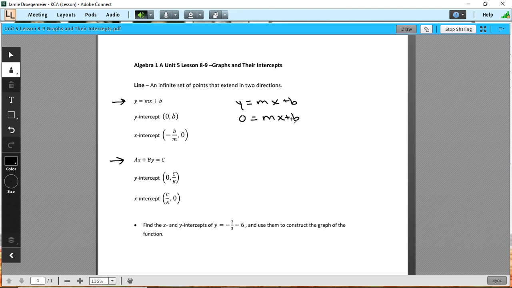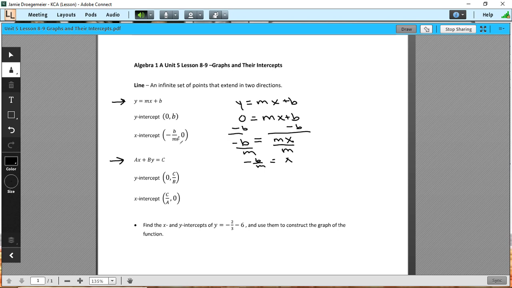So if I plug in 0 for y, because I know that when y is 0, that's my x-intercept point, and now I go to solve this for x, I would solve it by subtracting b from each side. That leaves me with mx over here, and on this side, 0 minus b is negative b. I want to solve for x. Right now, x is being multiplied by the slope, so I'm going to divide each side by m, and I get that x equals the opposite of b over m. And so that's where this comes from.